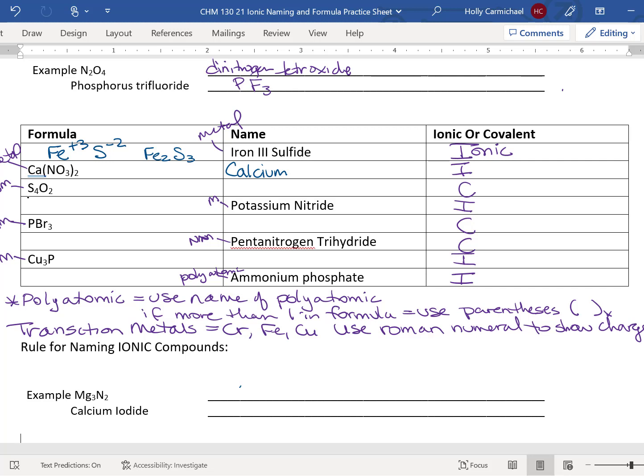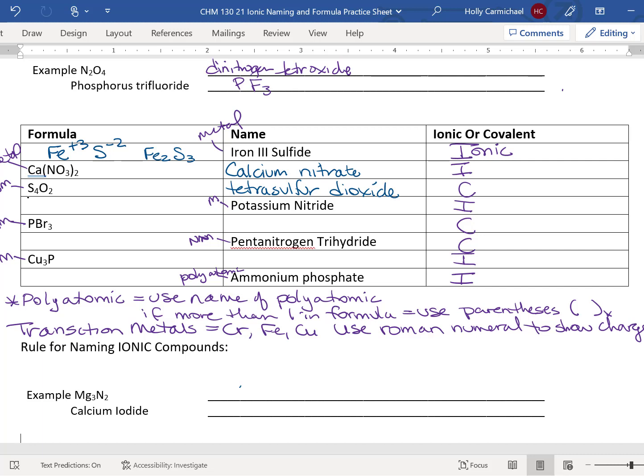You want to remember that NO3 has a negative charge and it's called nitrate. So this is calcium nitrate. Now S4O2, what would its name be? Tetrasulfur, and what else? Dioxide, yep.